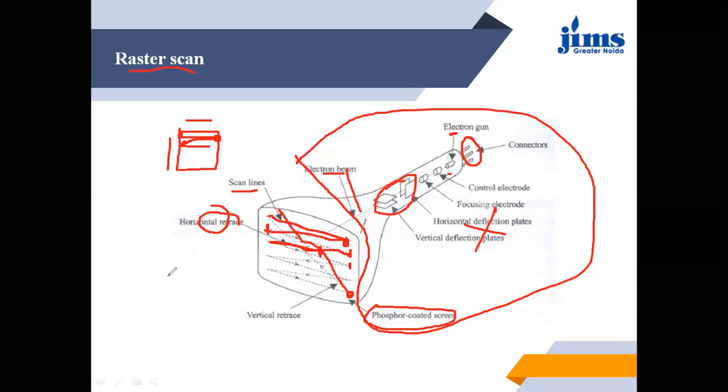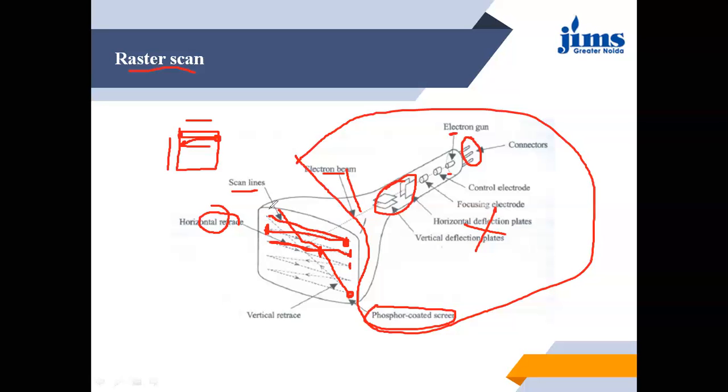So to summarize, everything has to be displayed using scan lines. A scan line is a collection of pixels in a row. After scanning a row, the electron beam has to be transferred from the end of that scan line to the left of the next scan line. That is called horizontal retrace.